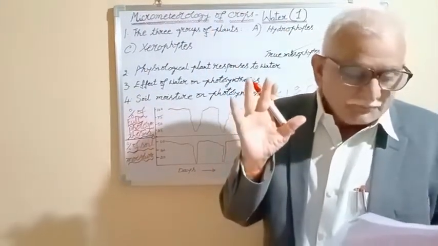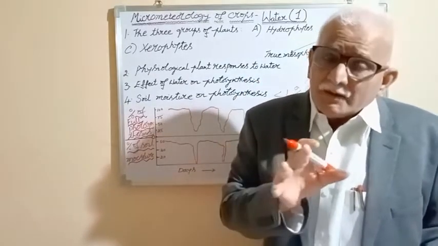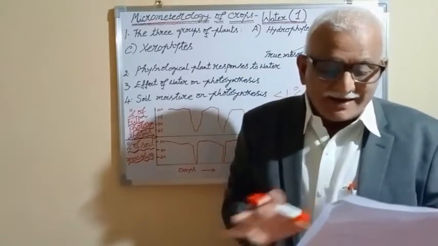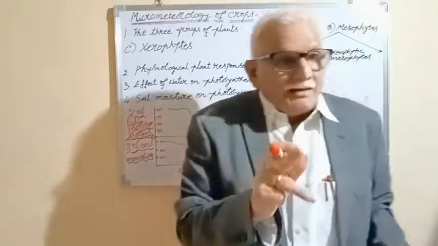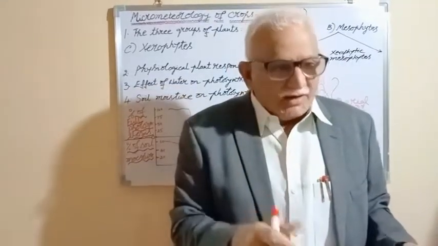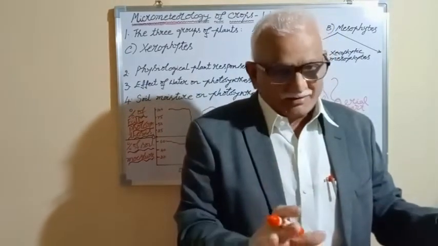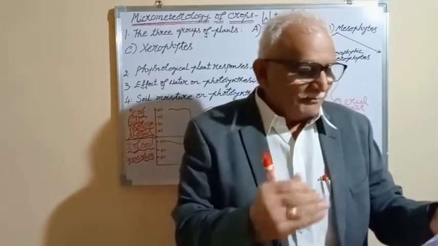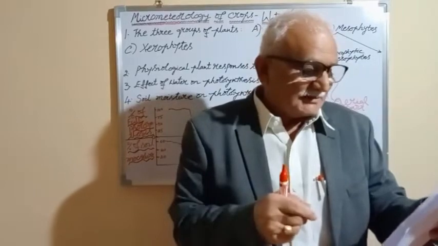Similarly, plant water stress directly reduces the photosynthetic process. Because in the PG or Ph.D. thesis, this is useful to you, I request you to write. Please write these points: plant water stress directly reduces the photosynthetic process.